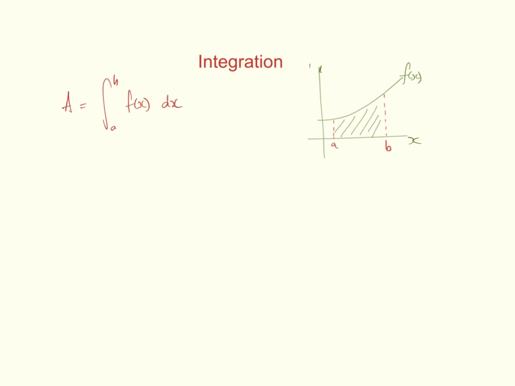Obviously, as integration becomes more and more difficult, you could end up changing what you're differentiating with respect to. All right, so let's see the general format for integration then.